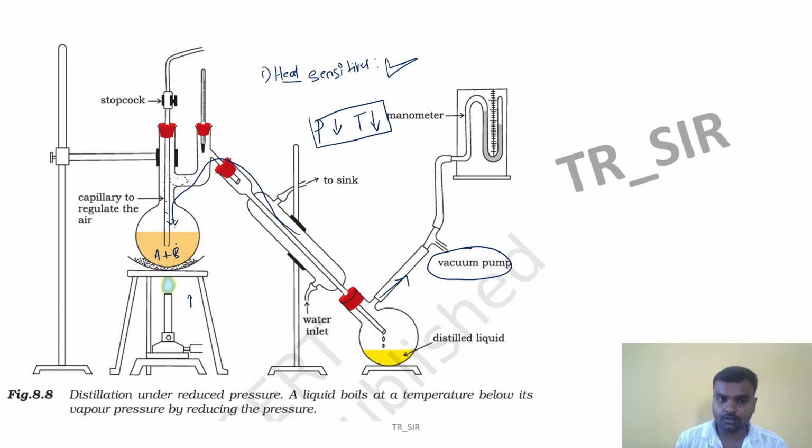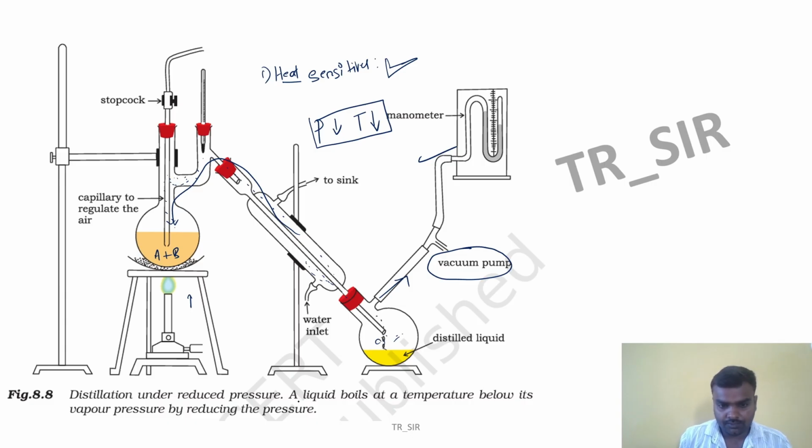Keep in mind, the compound should not be dissociated. For that reason, we use a vacuum pump to reduce the temperature, so we cannot see any decomposition there. The vapors are coming, so we can use this distillation.